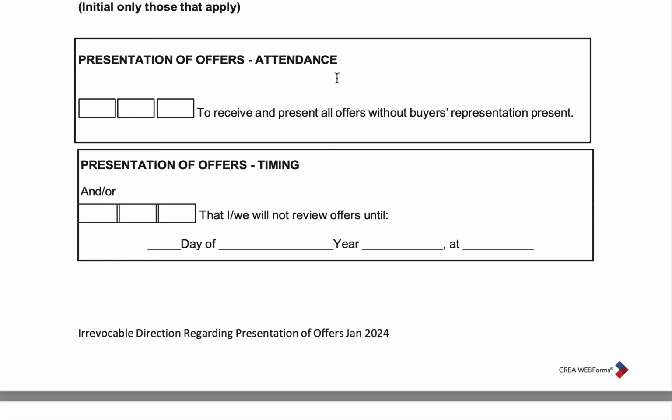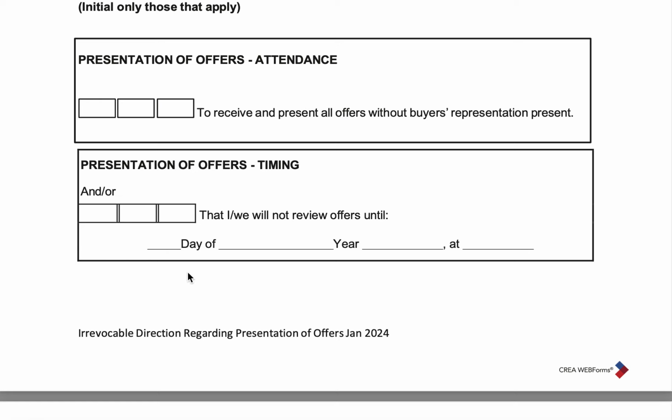If we don't have this form initialed here to say that we will only receive and present offers without the buyer's representation present, I have an obligation to allow them to do that. So that's why I'm showing you this form now, because we need this initialed so that the buyer's agent does not come, sit down across, and present the offer, because that can become uncomfortable.